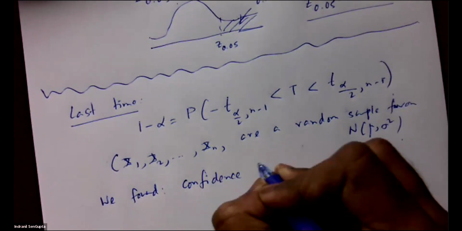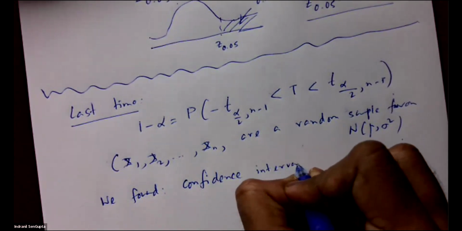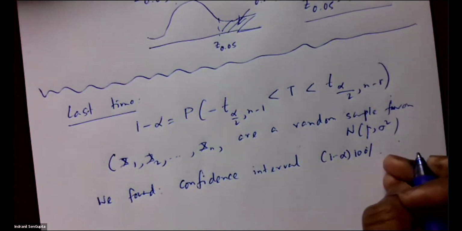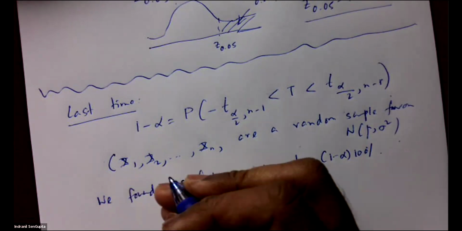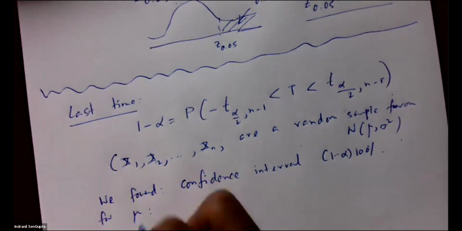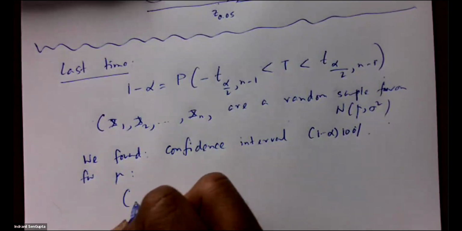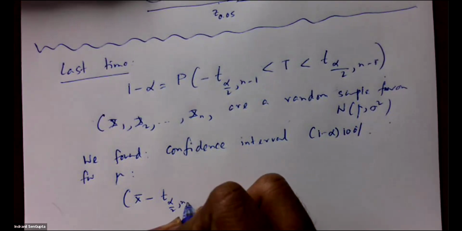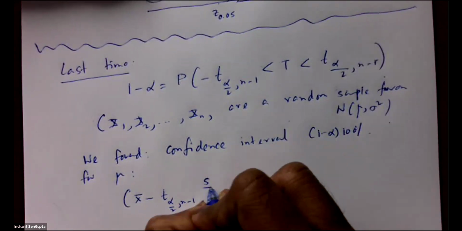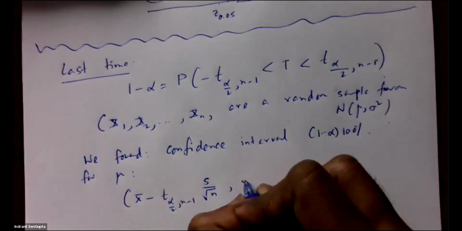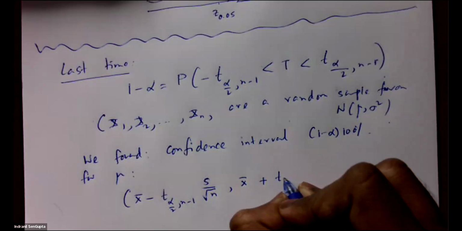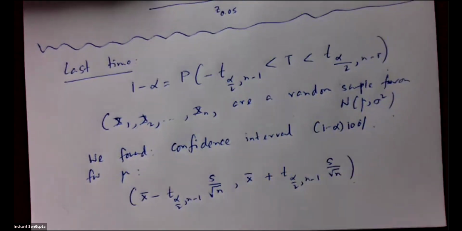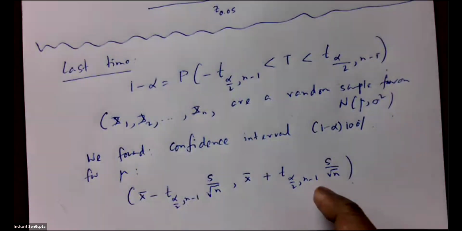The 1 minus alpha 100% confidence interval for mu is given by x bar from the sample minus t alpha over 2, n minus 1, s over square root of n, to x bar plus t alpha over 2, n minus 1, s over square root of n. Okay. That's what we found.